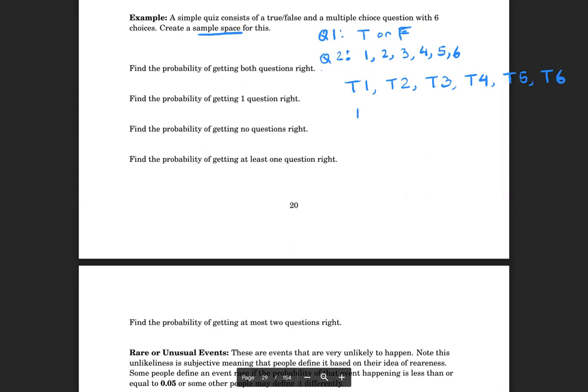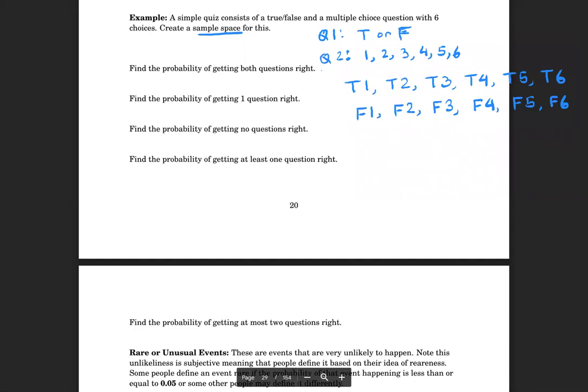If you answered false for the first one, second one, you could answer 1, 2, 3, 4, 5, and 6. Is it what you were thinking, Jerry? Yeah. Okay, perfect.